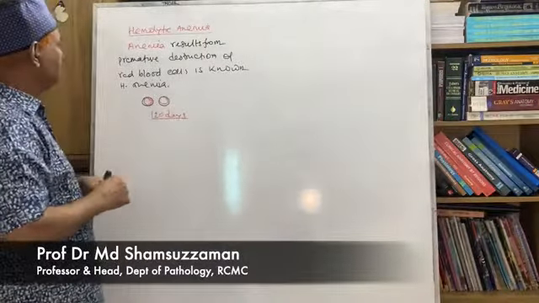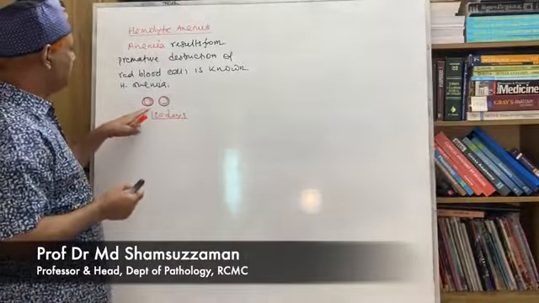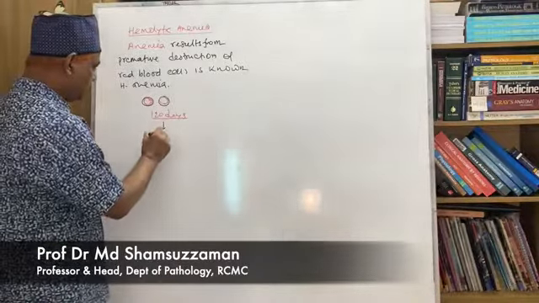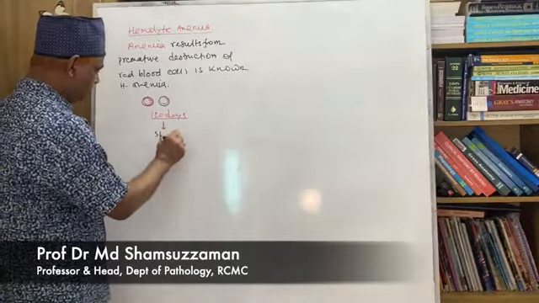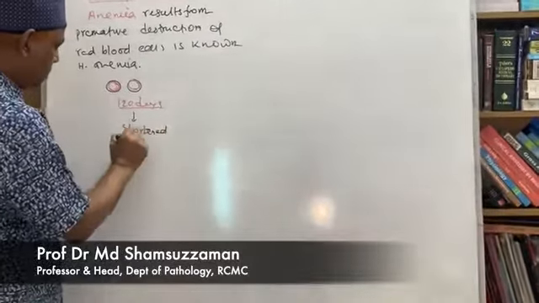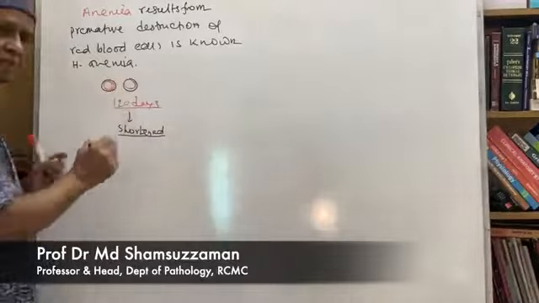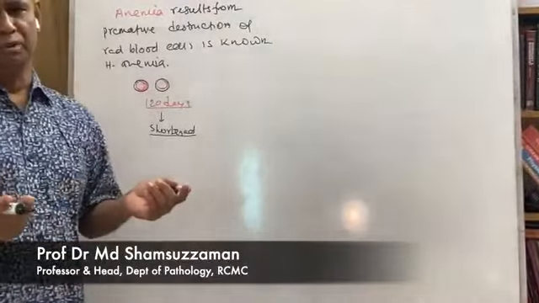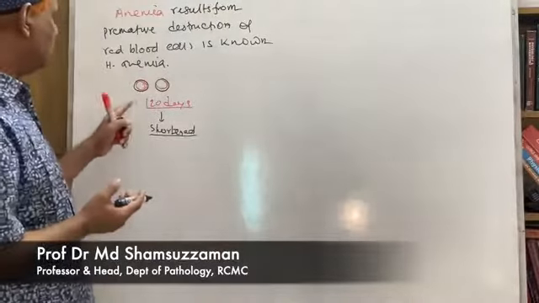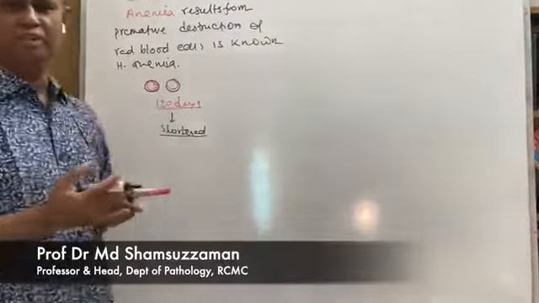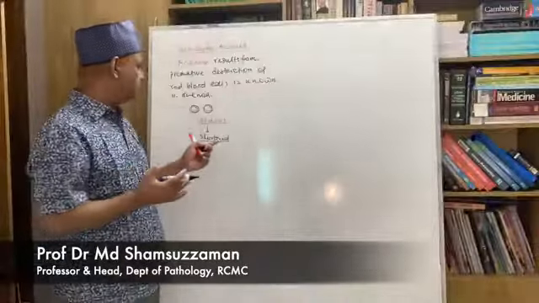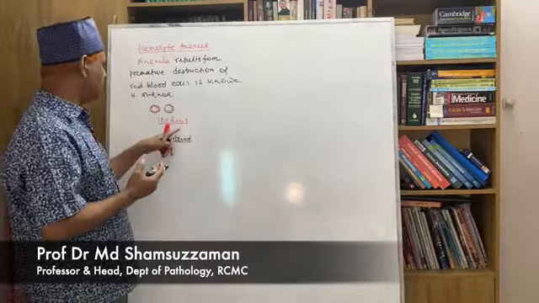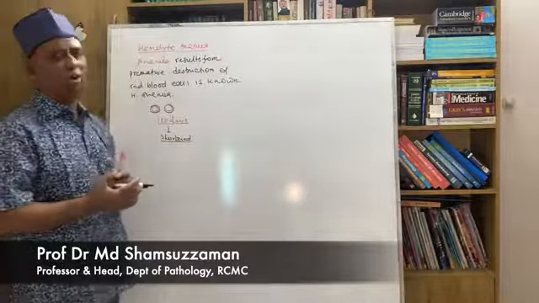By definition, if the lifespan of the RBC is shortened, with shortening of the lifespan, and there is massive destruction of red cells, then it is called hemolytic anemia. After 120 days, RBCs undergo destruction automatically. If there is massive destruction due to shortening of the lifespan of RBC, then there is hemolytic anemia.